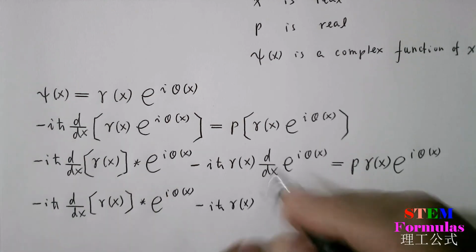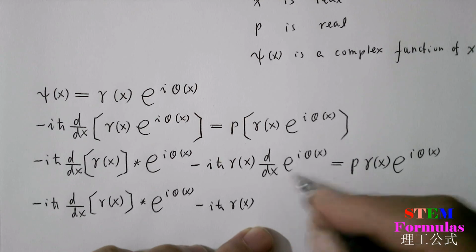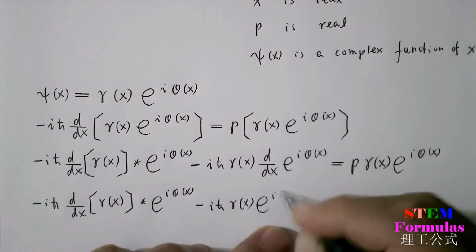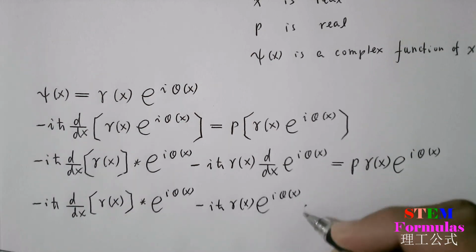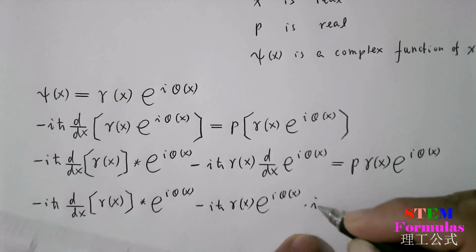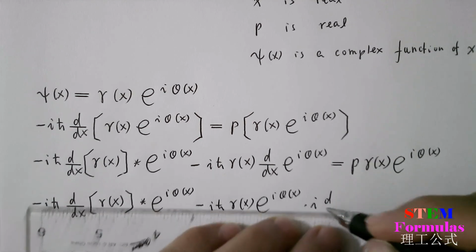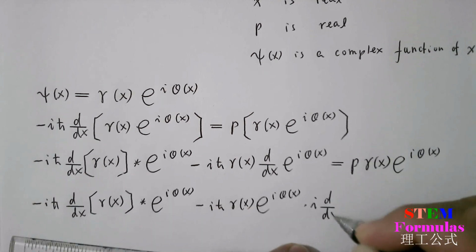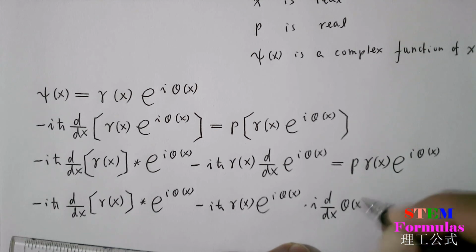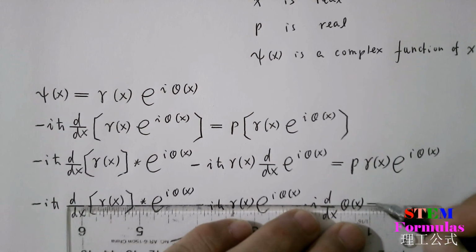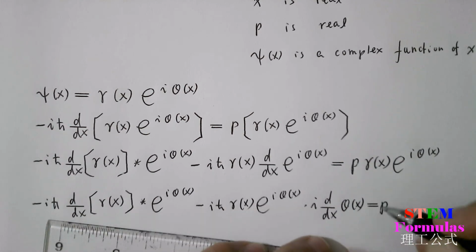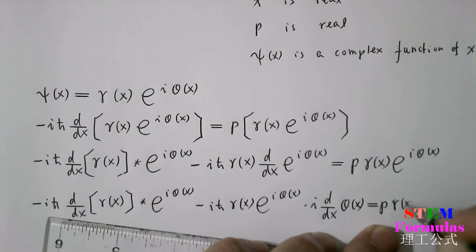For this term, when I make the derivative, I have e to the i theta of x times i d/dx theta of x. And on the right side, I have p r of x e to the i theta of x.